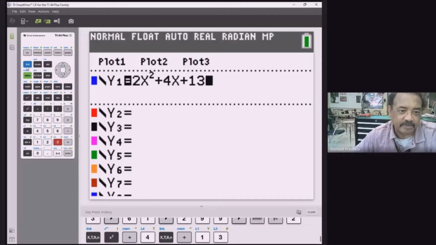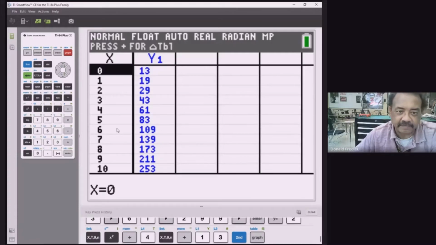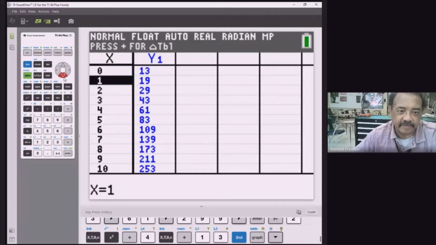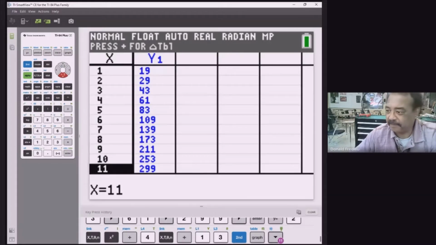And when I get that, I'm going to look at the table and check my numbers out. 3 goes with 43, 4 goes with 61, and I'll have to space down for 11. And 11 gives me 299. So we have a good system here.